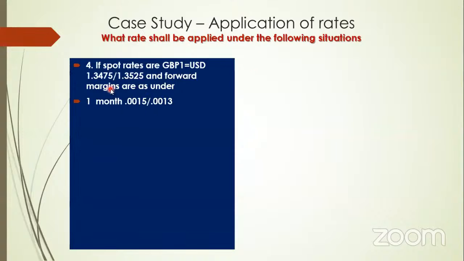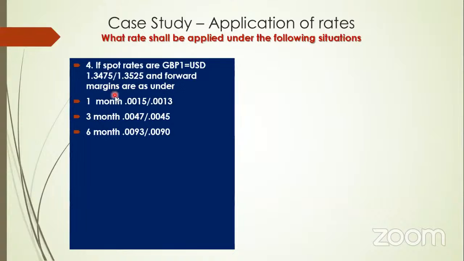Use the words forward margin. 1 month this, second month this, third month. The second month also they will give. Now for the exam, I am giving you only crisp details. 6 months this. 1 year. Sometimes they may give or may not give. 3 rates they have given. Forward, you don't tell premium or discount right now.